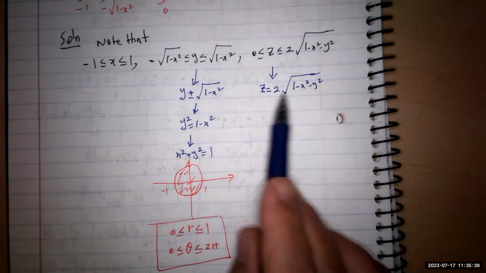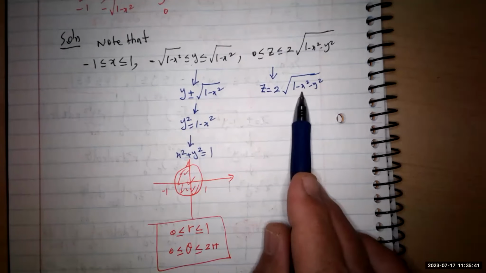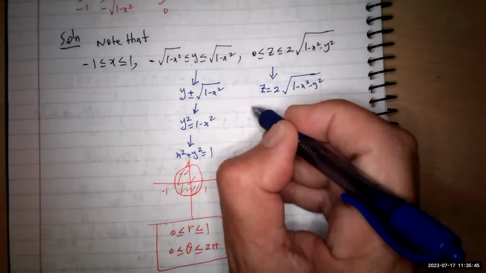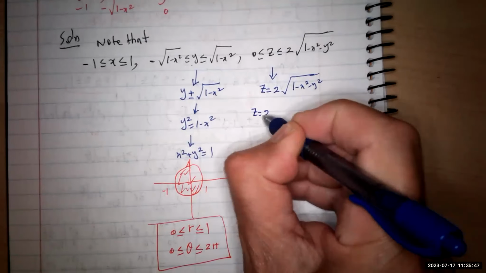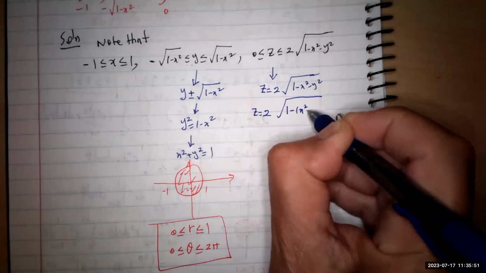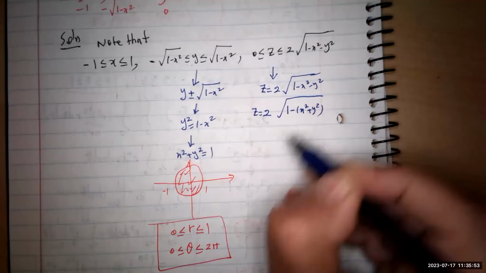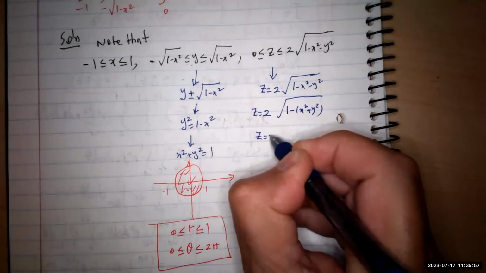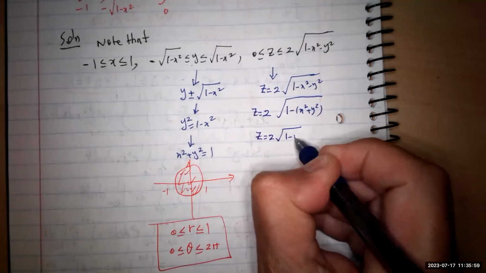So you keep the z and change this into r and theta. You can rewrite it as z equal to 2 square root of 1 minus the quantity x squared plus y squared, and x squared plus y squared is r squared. So your z would be 2 square root of 1 minus r squared.